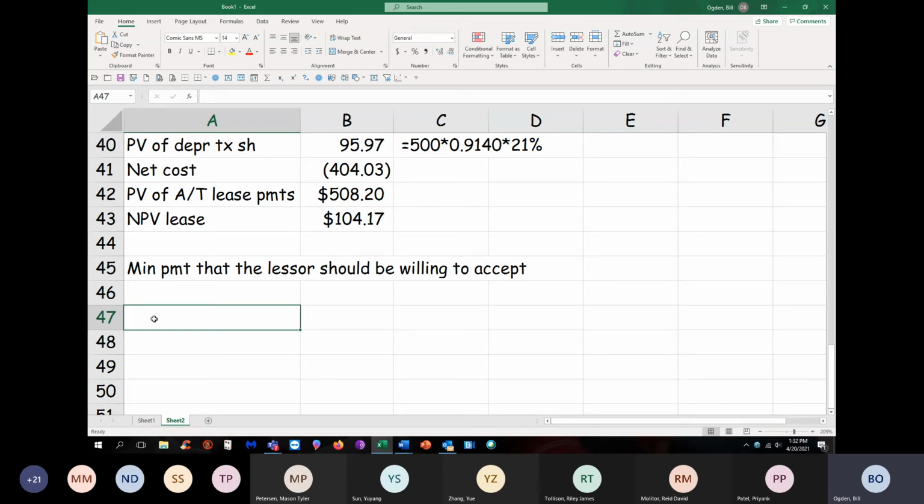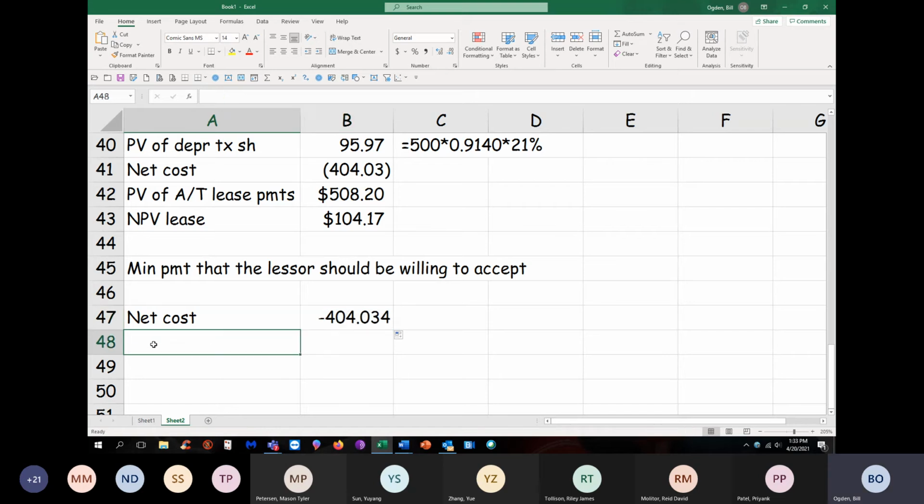So when we conducted this analysis for the lessee, we started with the net savings. This time we'll start with the net cost. We'll copy that across.